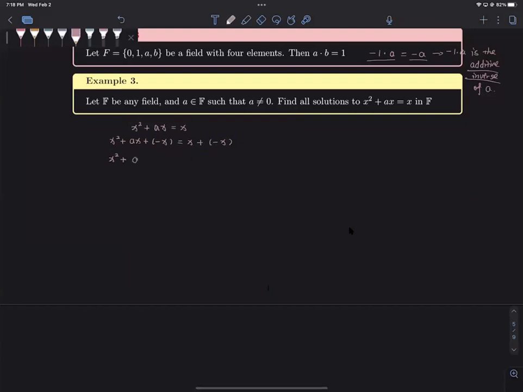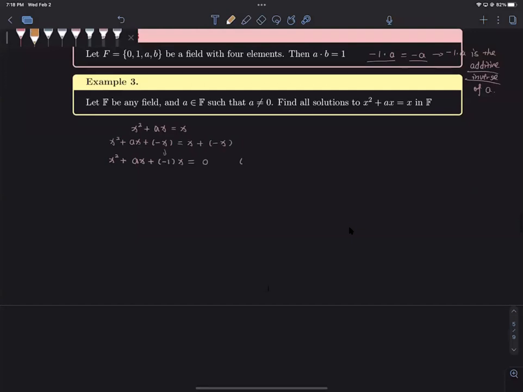So I can factor out x. So from here to here, it's because of what we proved in lecture.